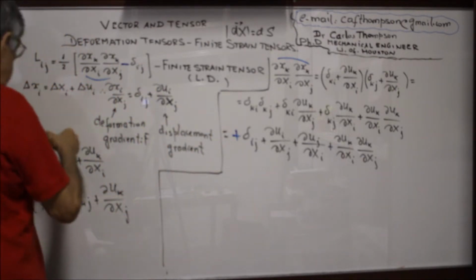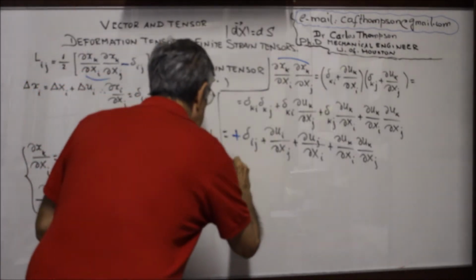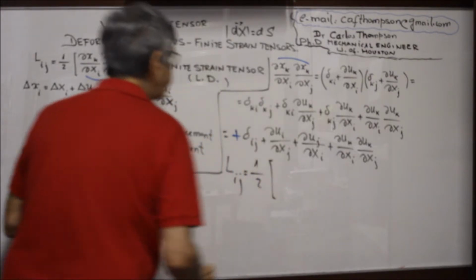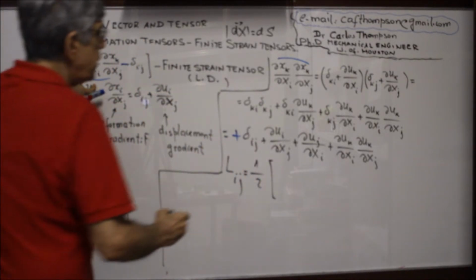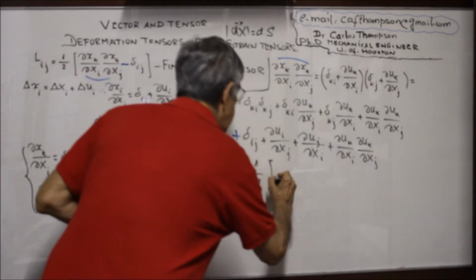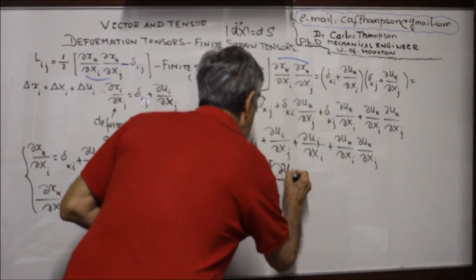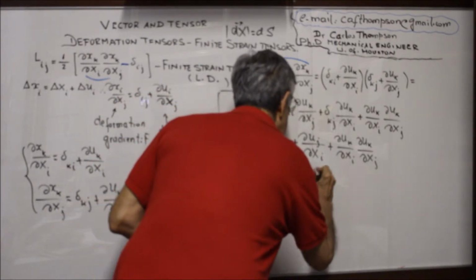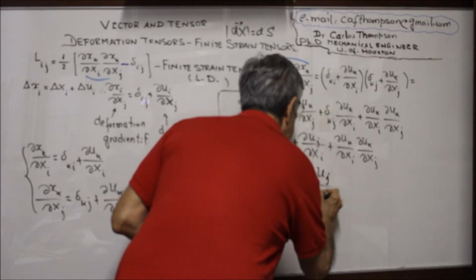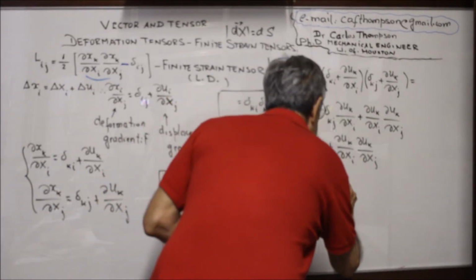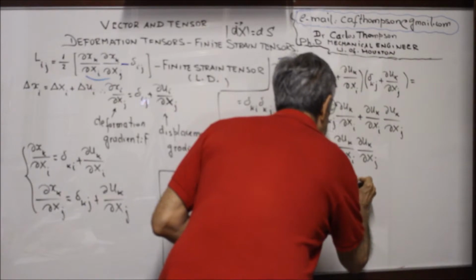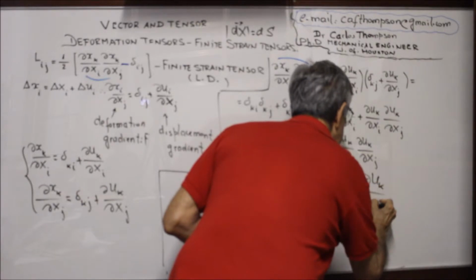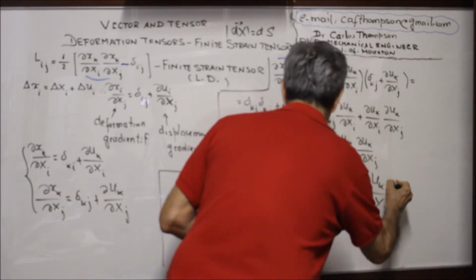So Lij is equal to one half of this expression here: the partial of ui with respect to Xj plus the partial of uj with respect to Xi, plus the partial of uk with respect to Xi times the partial of uk with respect to Xj.